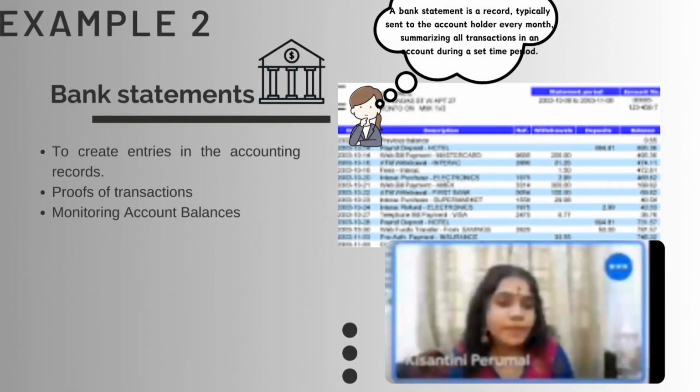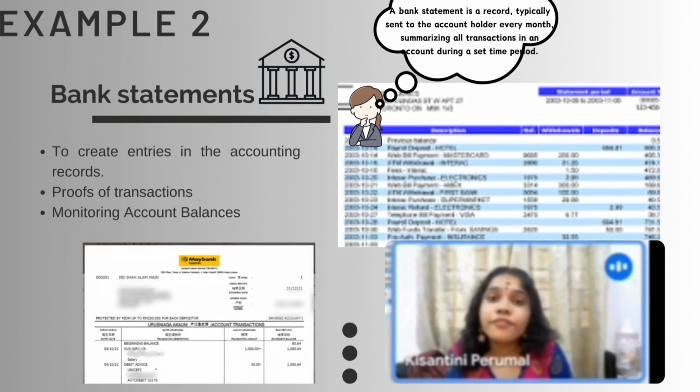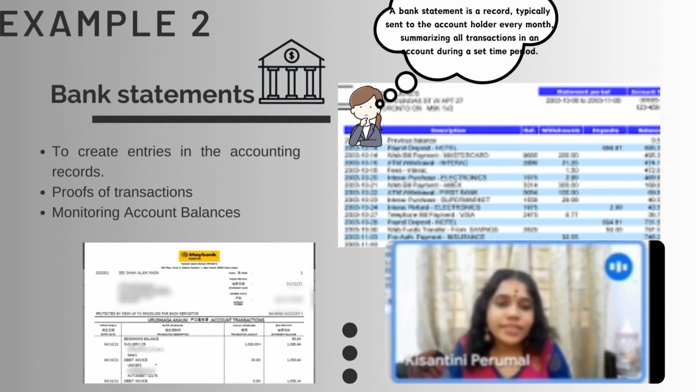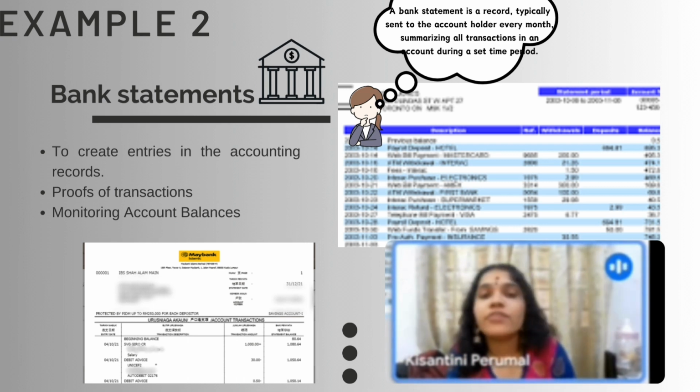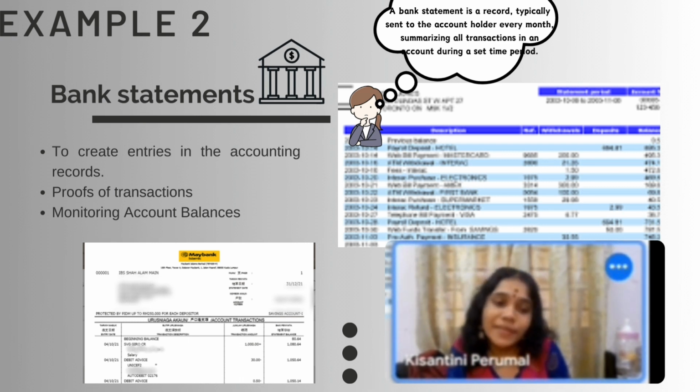Fourth is the bank statement. The function of this source document is to create entries in the accounting records. All financial transactions relating to a business bank account are recorded in bank statements.